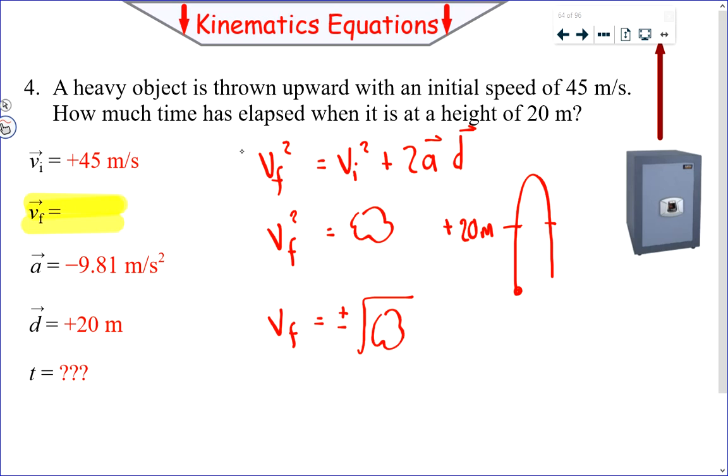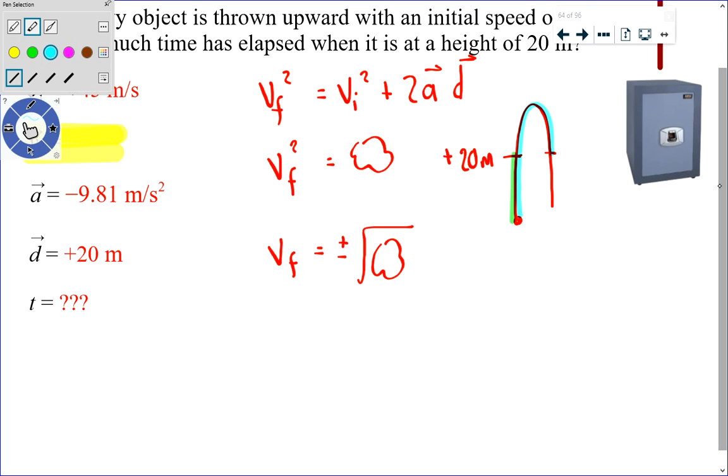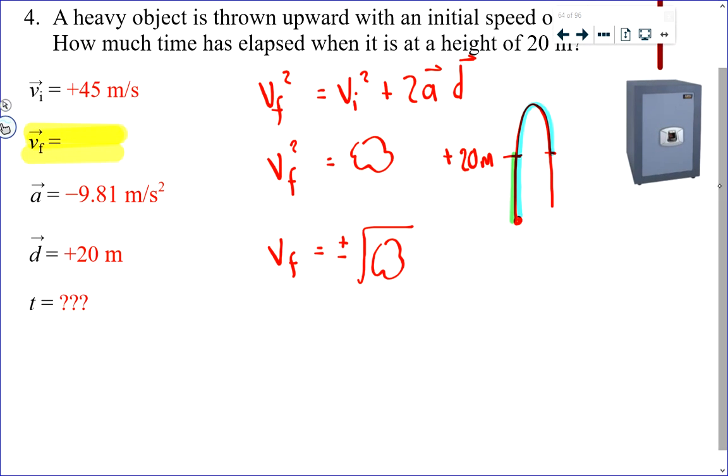So when I say when is it at that height, or how much time has gone by when it's at that height, we're going to have whatever time this is, and then we're also going to have whatever time that is. We're going to have 2 times, which means this question is going to break into 2 problems.